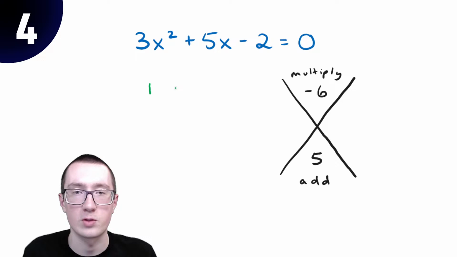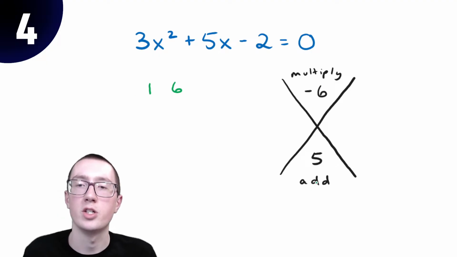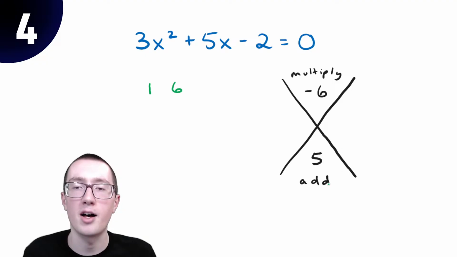Let's try 1 and 6 first. The reason we're ignoring the minus sign is that 1 times 6 is 6, but because there's a minus sign, one of these has to be negative. And because we're adding to a positive number, it's the smaller number that has to be negative. If the 6 was negative, we would get a negative number when we add these together, but we're looking for positive 5.